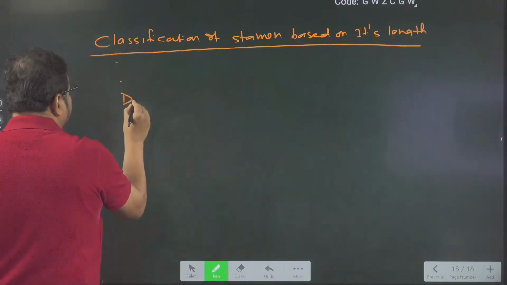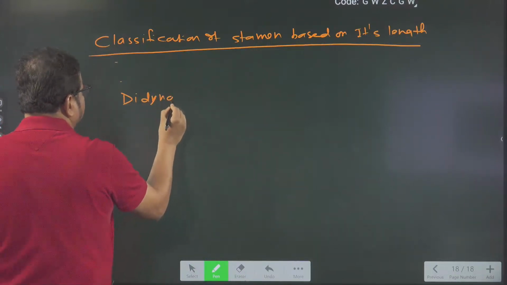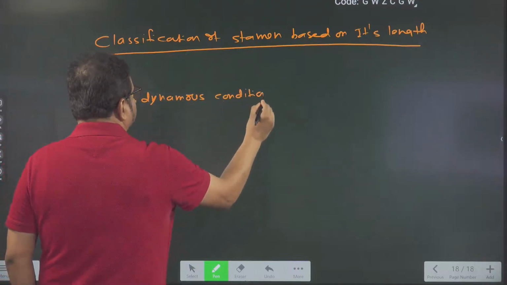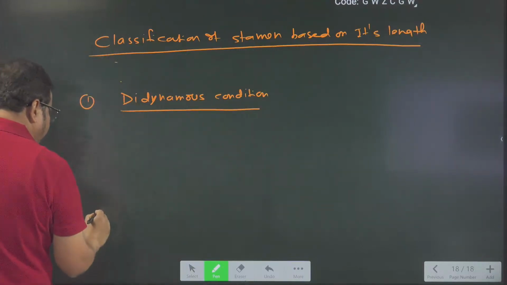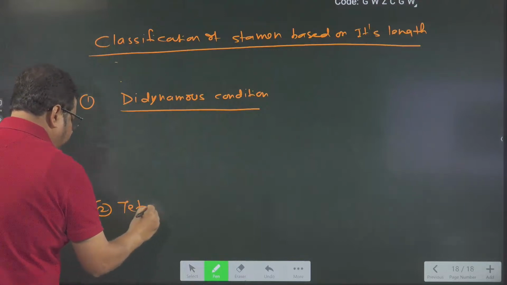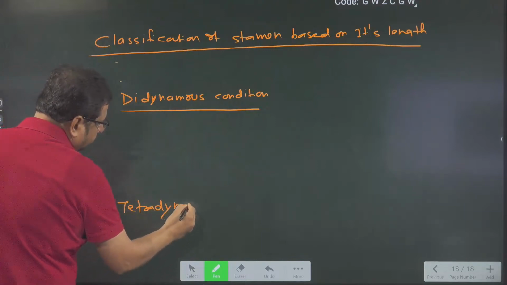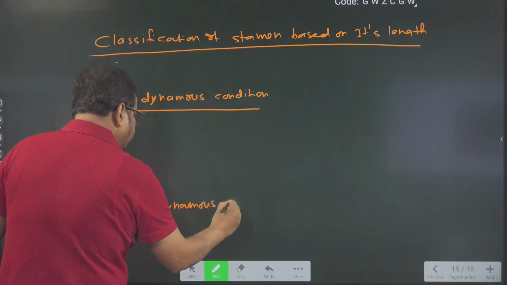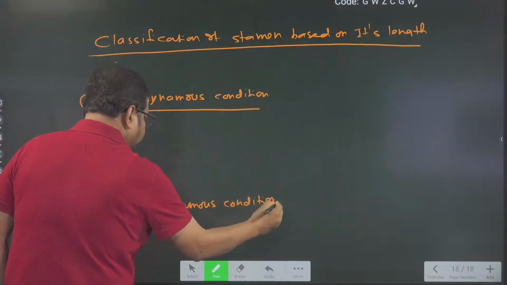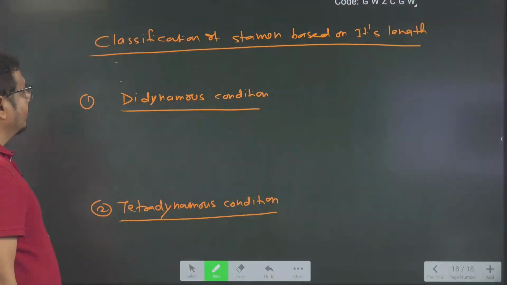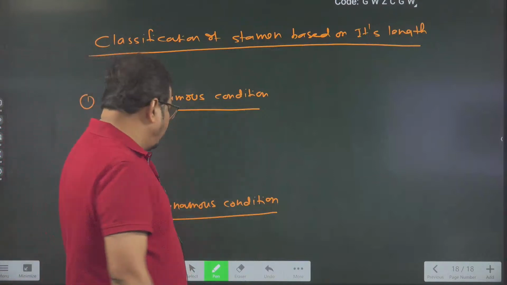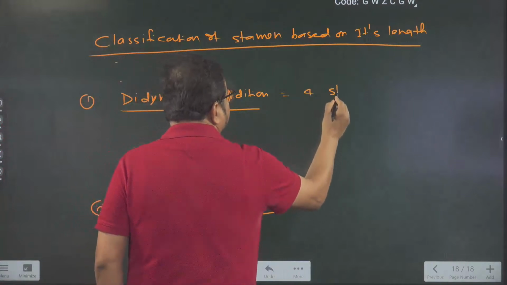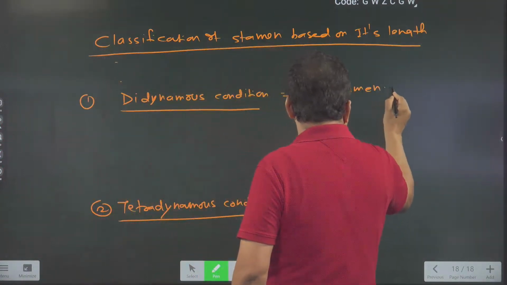One is didynamous condition, and the second one is tetradynamous condition. If we talk about didynamous condition, 4 stamens are present.